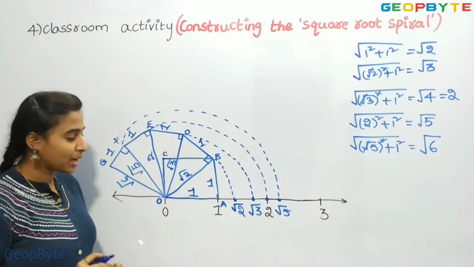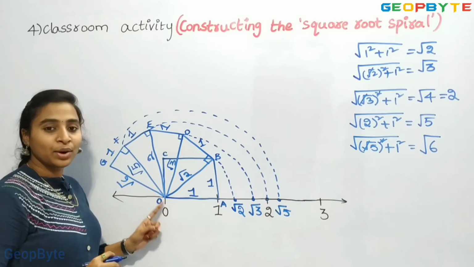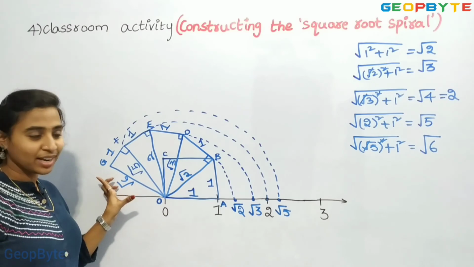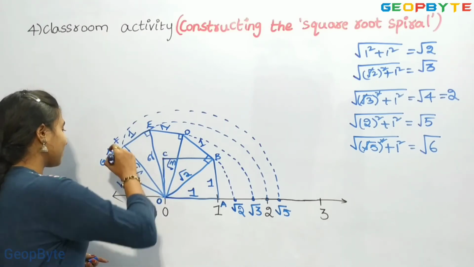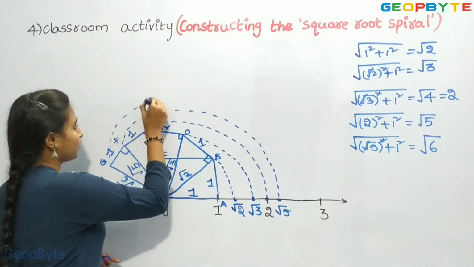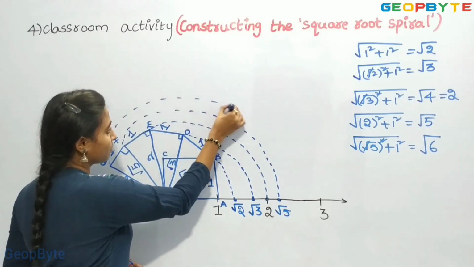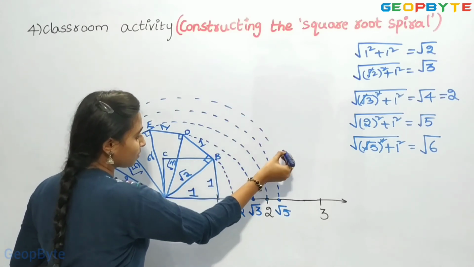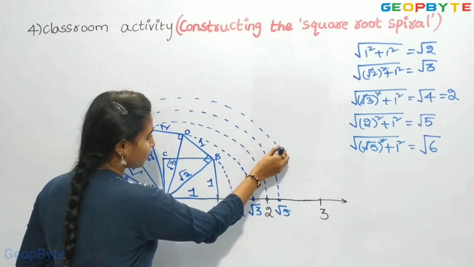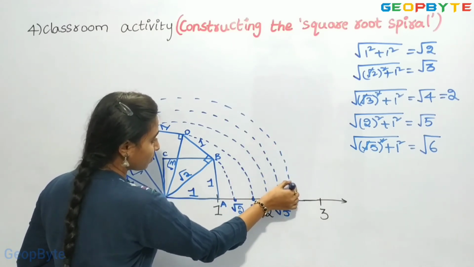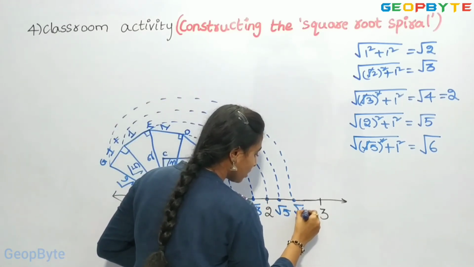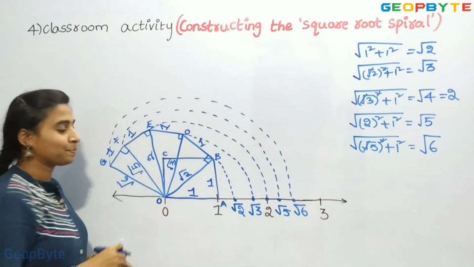Now take a compass, put it at the center O, take OG as the radius, and draw an arc. Yes. Let us locate root 6 on the number line.